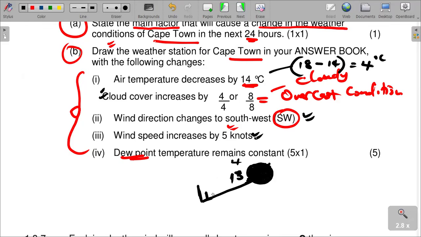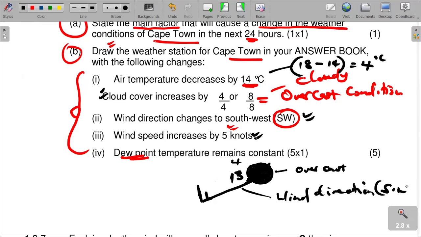So what is given here is that this is overcast. We have got our wind direction, which is southwest. We are given that our wind speed increased by 5 knots.